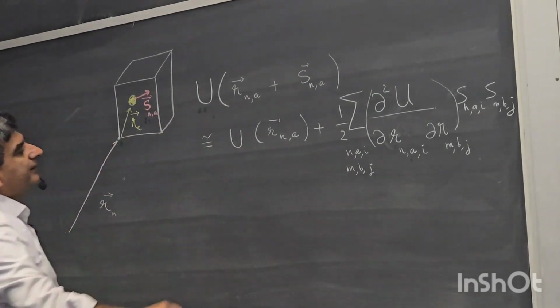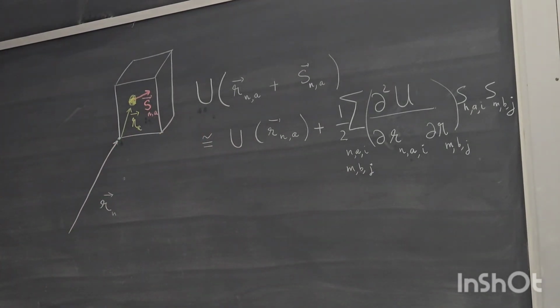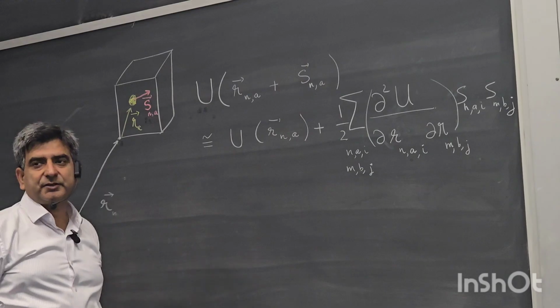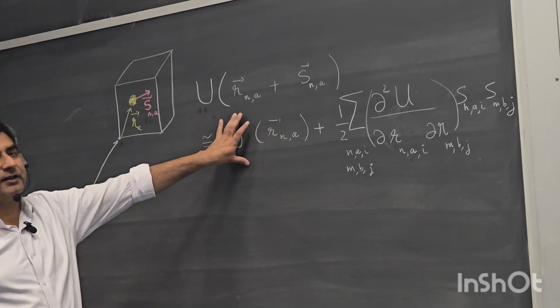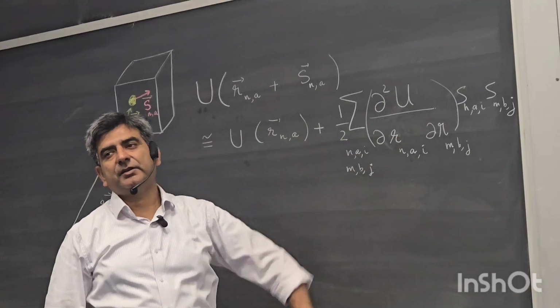So this is the energy in the second order approximation. It's also called the harmonic approximation because this resembles a baseline energy plus half k x squared.